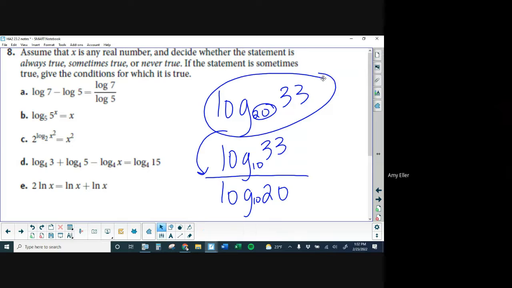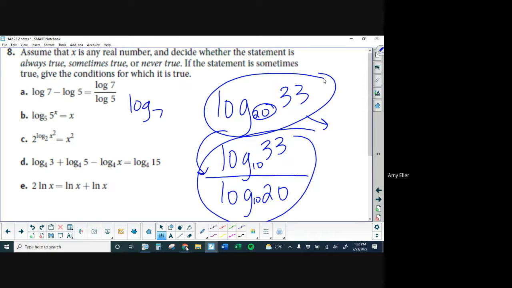There won't be a lot of these, but if it says rewrite this using the change of base formula, you'd be required to do this. Or if it says rewrite this log of base 12 with a log base 10, do that.